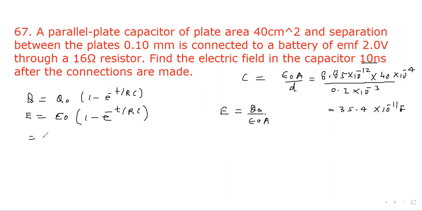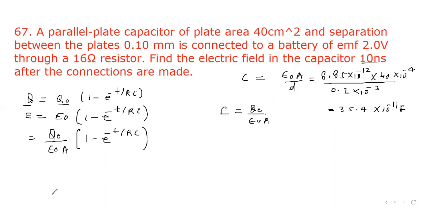So E0 equal to Q0 upon epsilon naught A. Here, if the question arises how we have got it, it is very simple. Divide each term by epsilon naught A, and then this will become E, and this will become E0 because there is Q0, times 1 minus e to the power minus t upon RC.